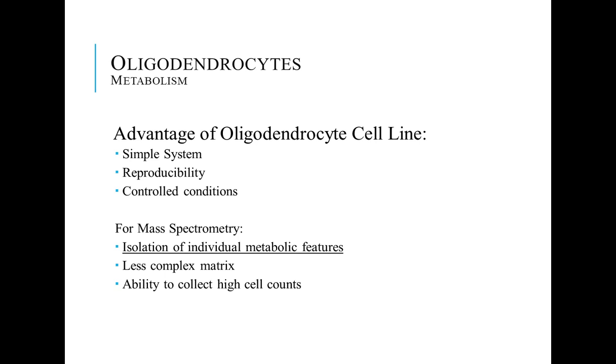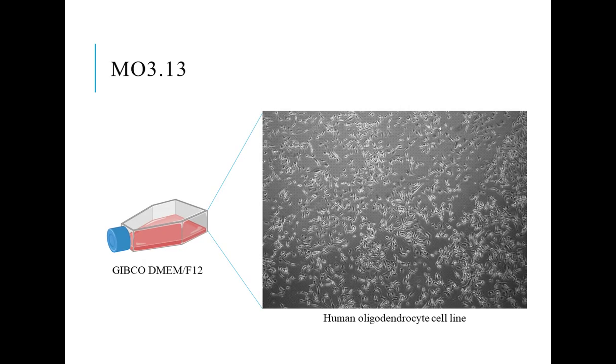So our lab uses and has developed the model of the MO313 cell line, which we use in DMEM with F12. It is a human oligodendrocyte cell line, and here's what it looks like.